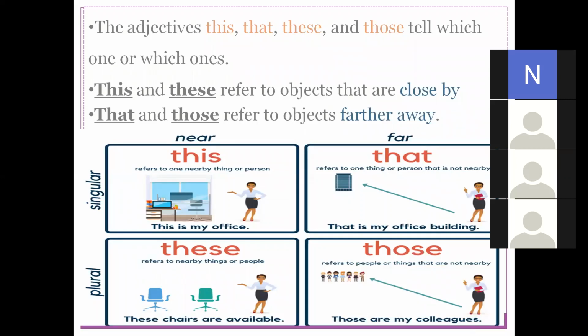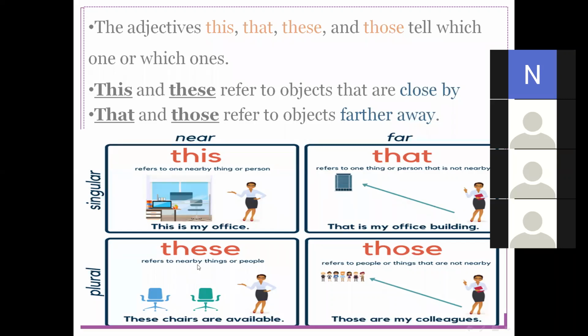That is my book. It's far from me and it's only one book. So I will refer to the book when I say that. So we use that with singular form and for objects.